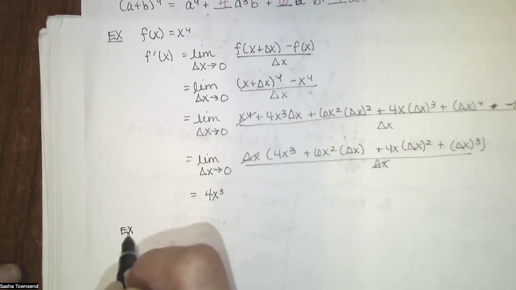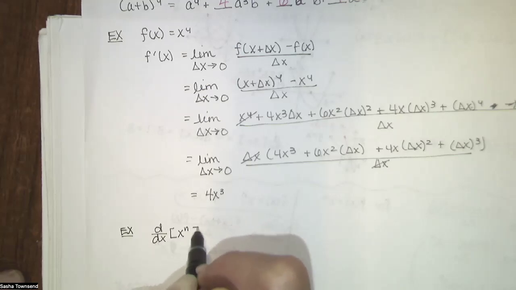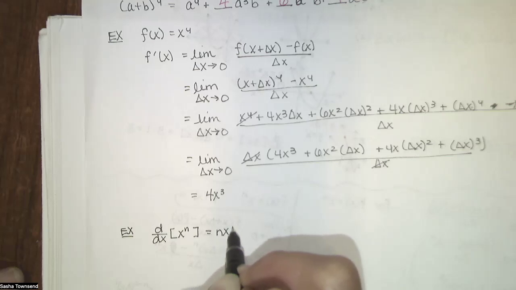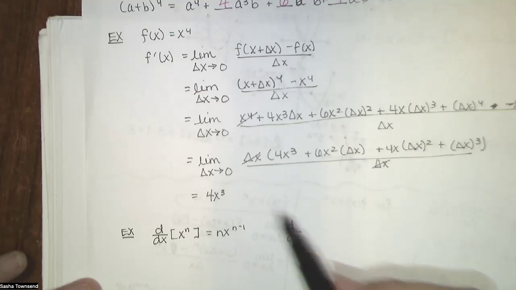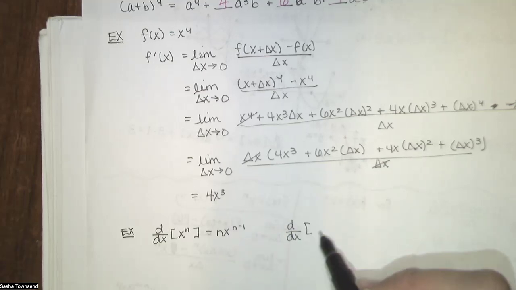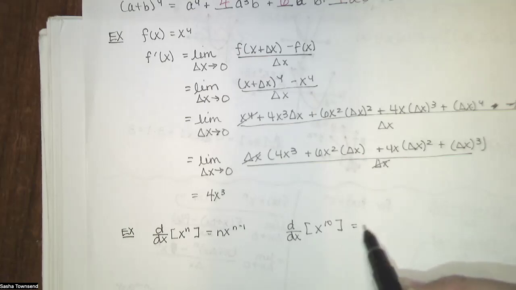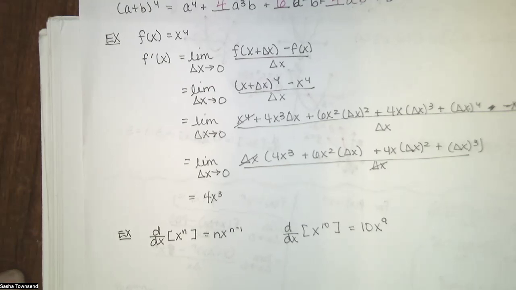So if we're just applying that rule, the derivative of x to the n is n times x to the n minus 1. The derivative of x to the 4 is 4 times x to the 4 minus 1, which is 3. Derivative of x to the 10 is 10 times x to the 10 minus 1, which is 9, and so on.